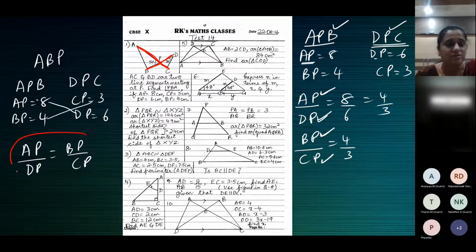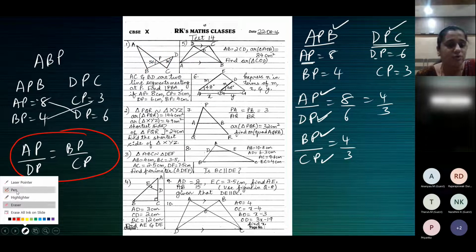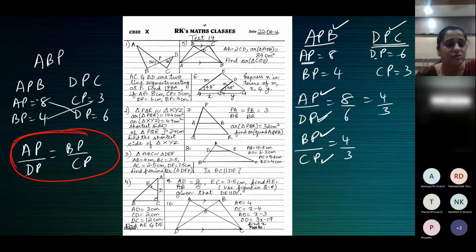Clearly, these are the included angles. In the proportion, we have AP and BP, first triangle, and DP and CP, second triangle.